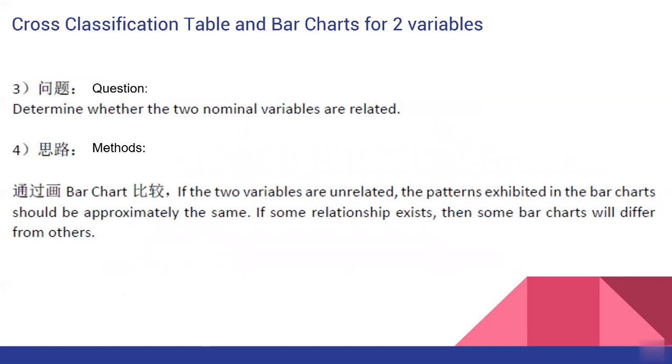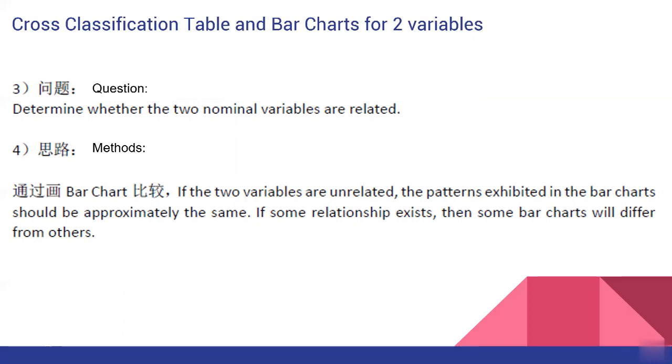And now the question is, we want to ask if the 2 nominal variables are related. That means if the occupation of the reader and the type of the newspaper are related or not.